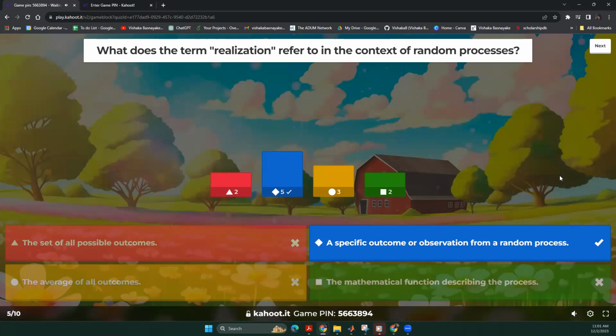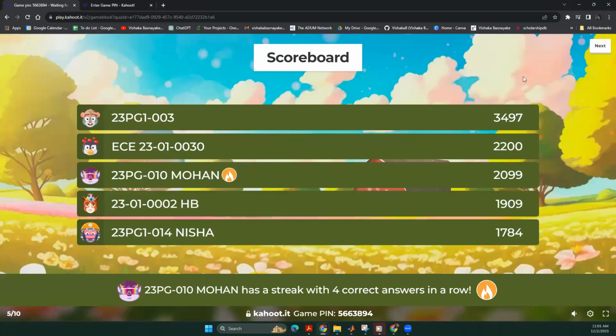So the specific outcome of a random process we call the realization. One specific outcome is known as the realization. I think we discussed that in the class using the figures for the random process.